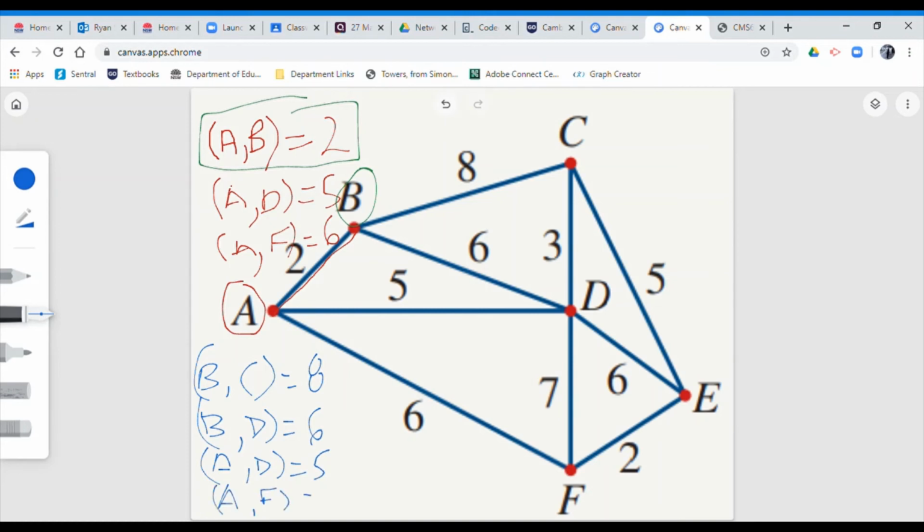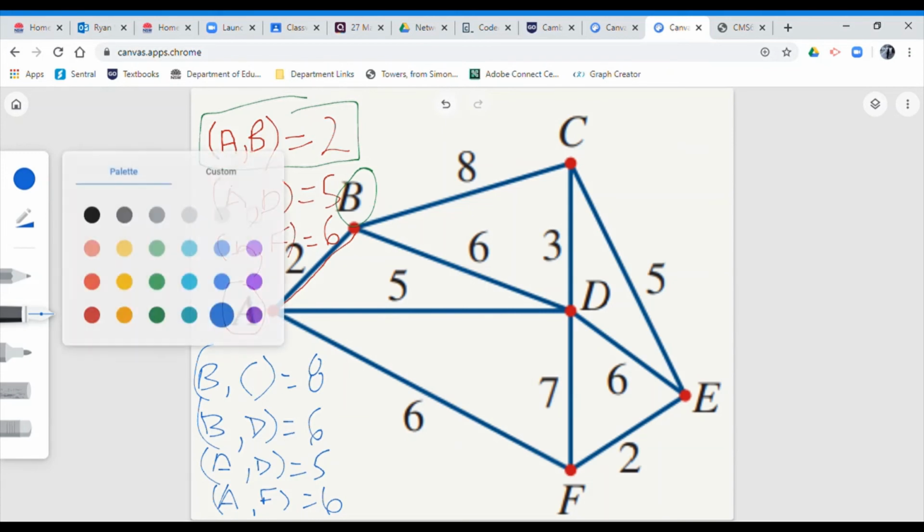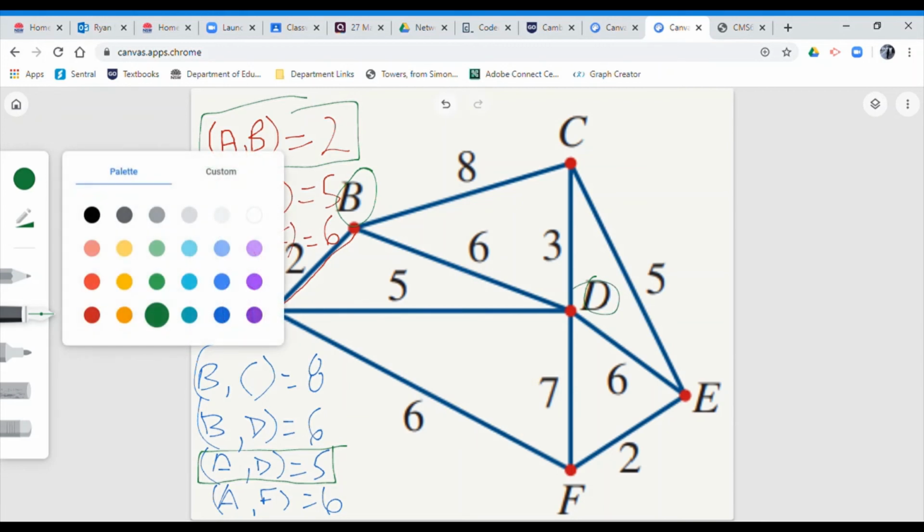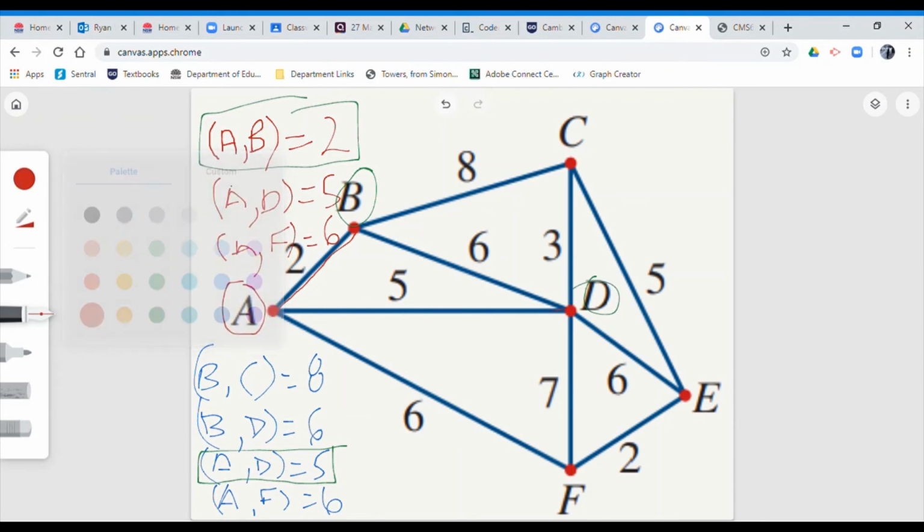It's just a little bit more organized method than what I just showed you. You then select the lowest value of them all. You then circle it so that we know it. You can include it in your diagram to draw it. So now we got D.